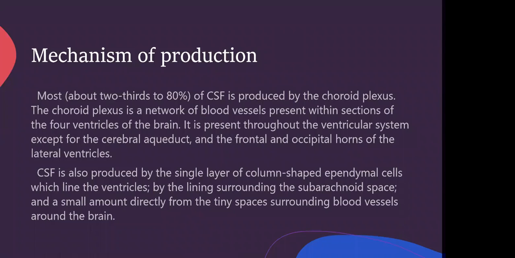Mechanism of production. Most of the cerebrospinal fluid is produced by the choroid plexus. The choroid plexus is a network of blood vessels present within sections of the four ventricles of the brain. It is present throughout the ventricular system except for the cerebral aqueduct and the frontal and occipital horns of the lateral ventricles.